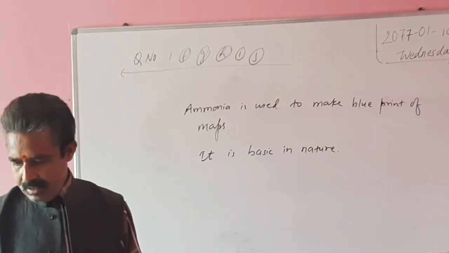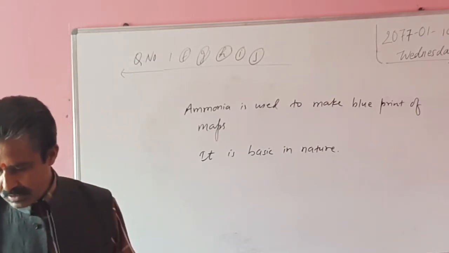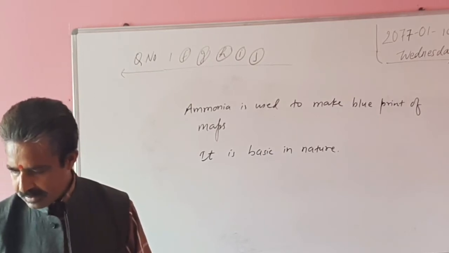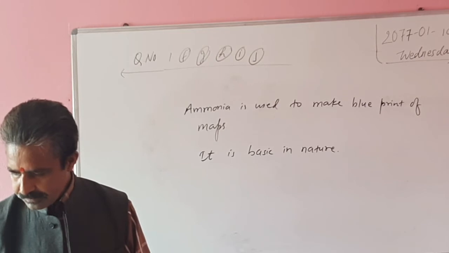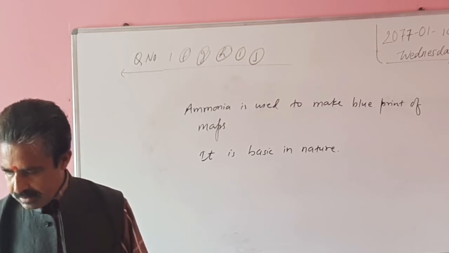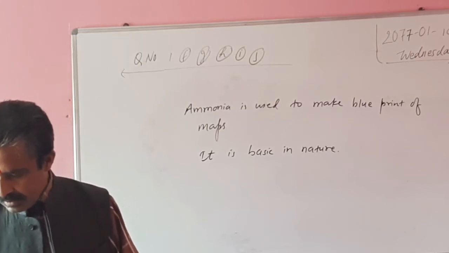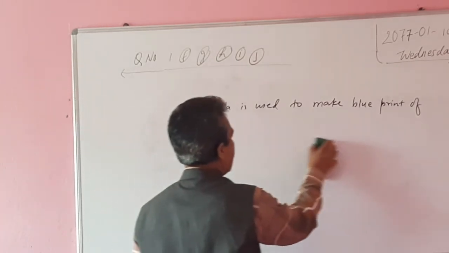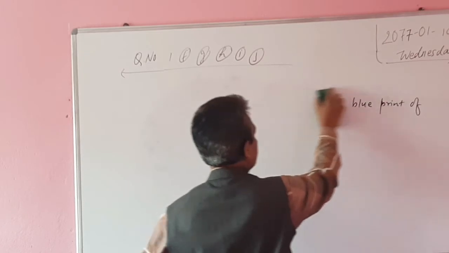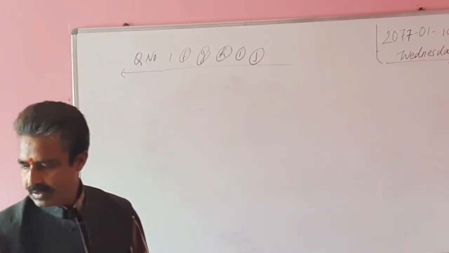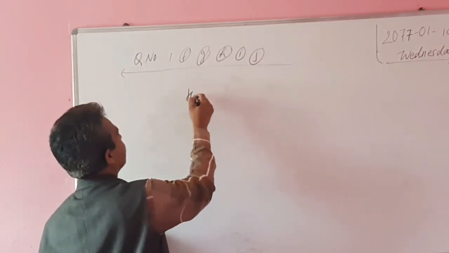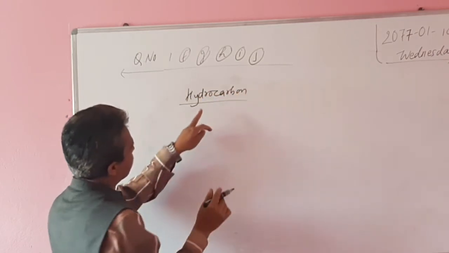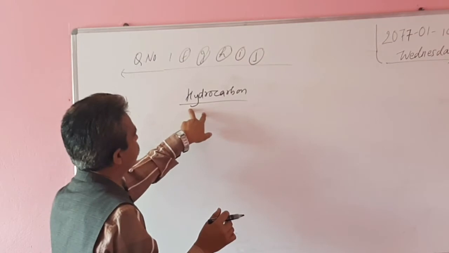Okay. Next question. Now we are discussing the questions of hydrocarbon and its compounds. First, define hydrocarbon. What is hydrocarbon? Do you know? Hydrocarbon is made up of two words, hydrogen and carbon.